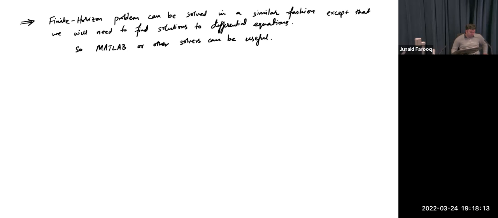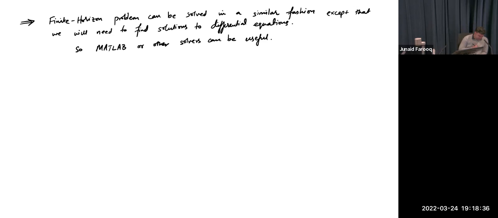But mind you, the controller gain will be a function of time. It will not be a constant matrix or a vector. And the reason is because the solution of the differential equation will be a function of time. So that makes this a dynamic controller instead of a static feedback gain controller.